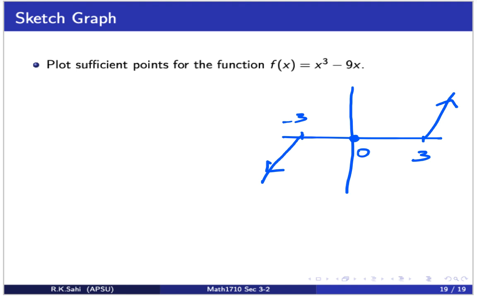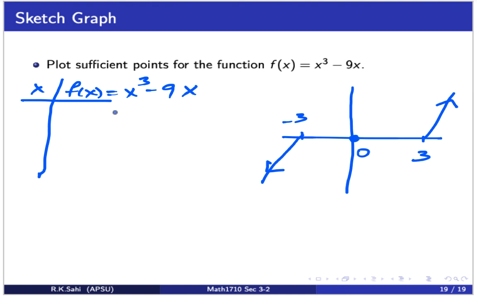We just plot some sufficient points to get an idea. We already have a calculator which is going to give us the thing, but it's nice to plug in some values. So x and f(x) is x cubed minus 9x. Now remember the points we already know: -3, 0, and 0. These are the points I know.